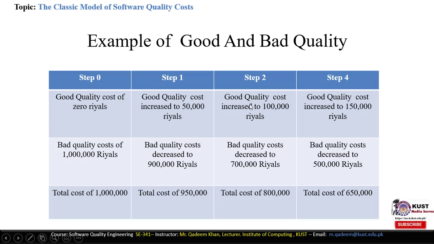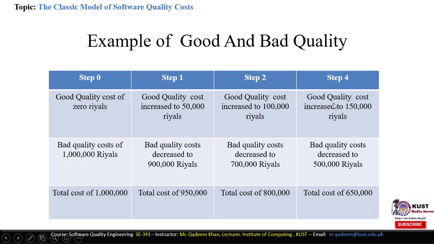If the good quality cost increases to 100,000 reals and the bad quality cost decreases to 700,000 reals, the total cost will be 800,000 reals. So you can see that is still less than step 1.